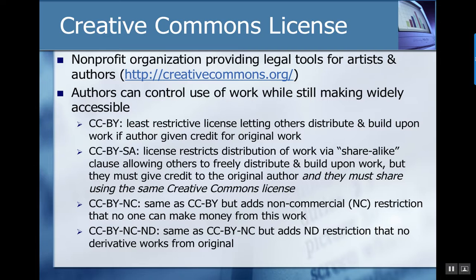And then you also have CC BY NC ND, which is the same as CC BY NC, but adds an ND restriction, so no derivative works can be created from the original. These are different scenarios. The idea is to establish the guidelines and protect the author's rights for work that can potentially be used.